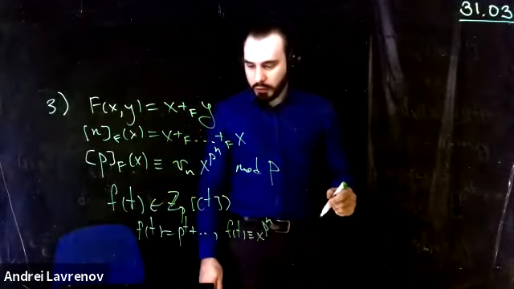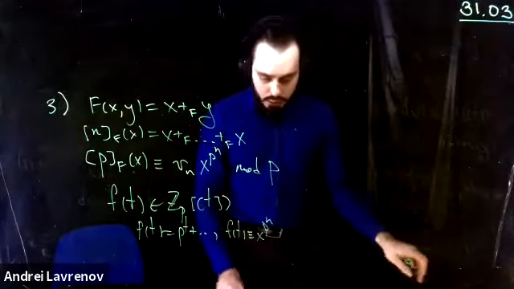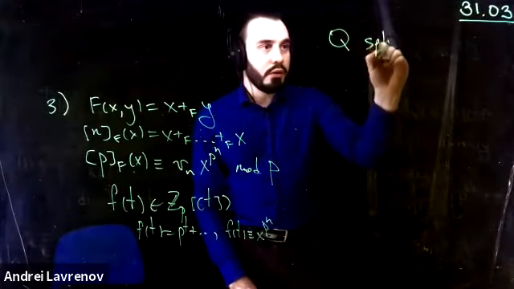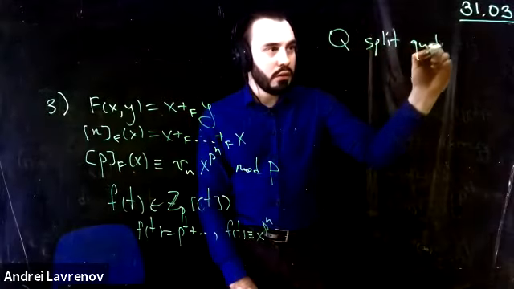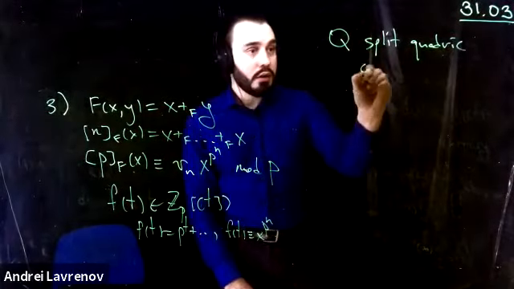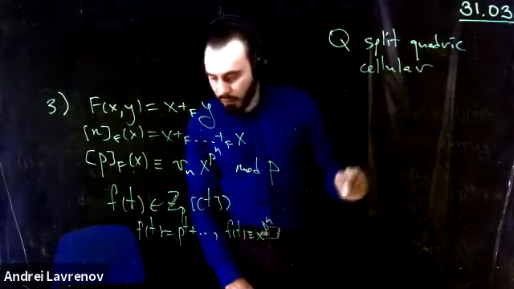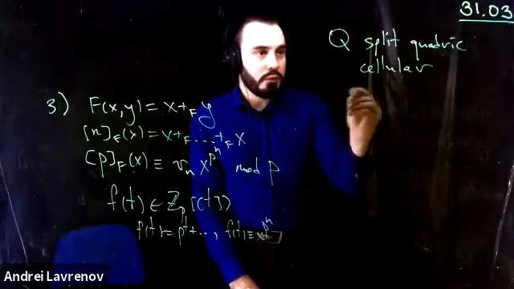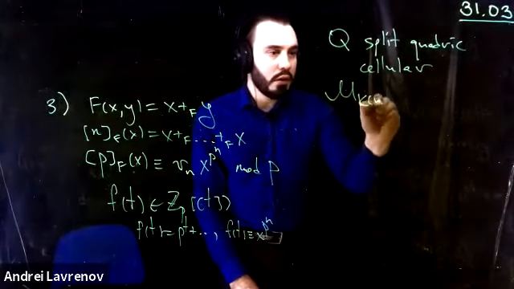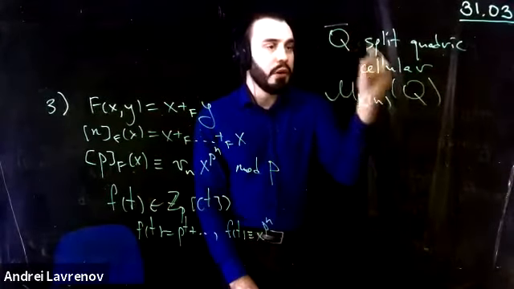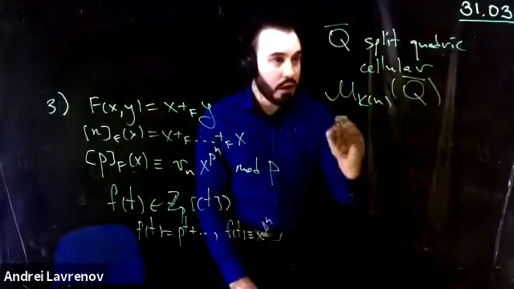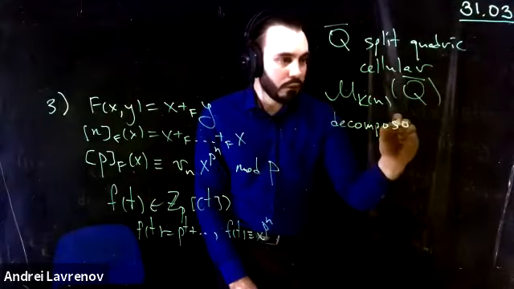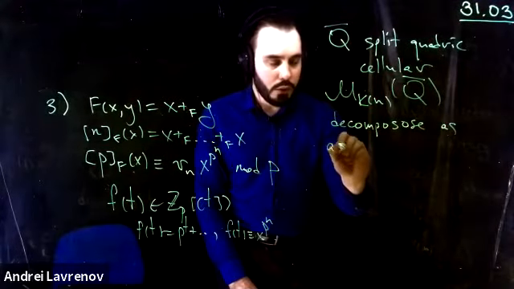Maybe I also should mention that, first, if we start from a split quadric, then it's cellular, and its motive decomposes as a sum, I will write bar everywhere, as a sum of twisted motives of a point, which I will call Tate motives.